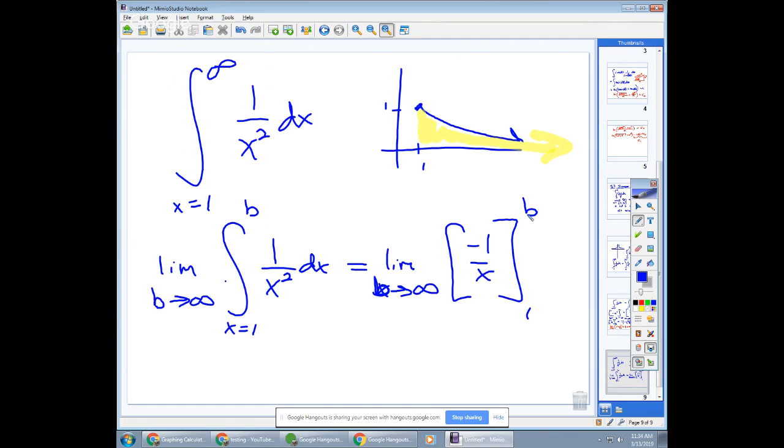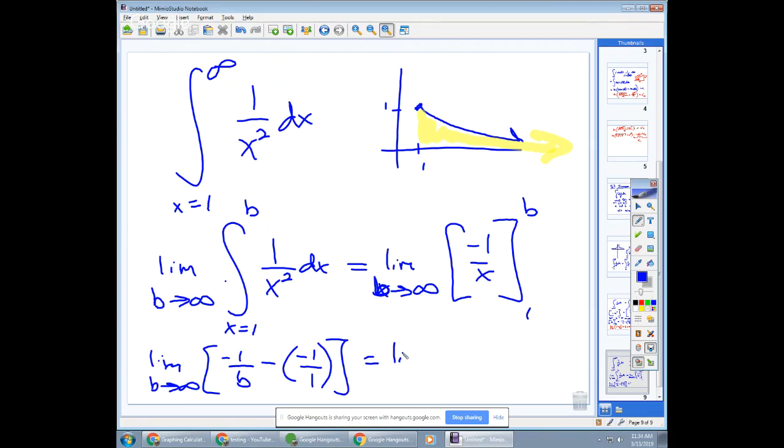Okay, so we plug in. Limit as b goes to infinity of, let's see, we plug in b and I get negative 1 over b, minus negative 1 over 1, which is a plus 1.